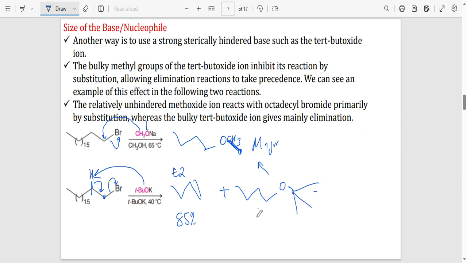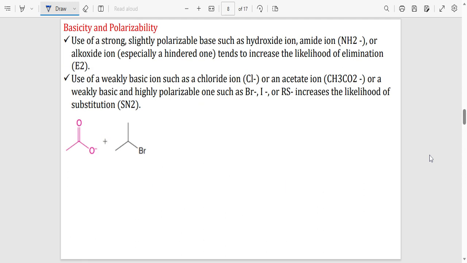So this will be a minor product, at least if you are using a bulky base and you are comparing the size of the nucleophile. You can have major and minor. Otherwise, if you are using an unhindered base, you only have the product formed by SN2 being the only product.